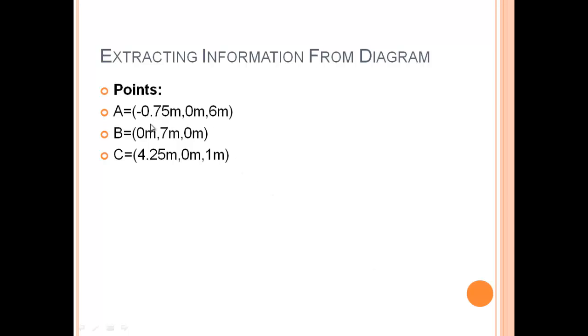Reading the diagram, we obtain the following points. In order to obtain the resultant force vectors, we must first obtain the force along B to A and that from B to C. The vector force from B to A is given by this equation.